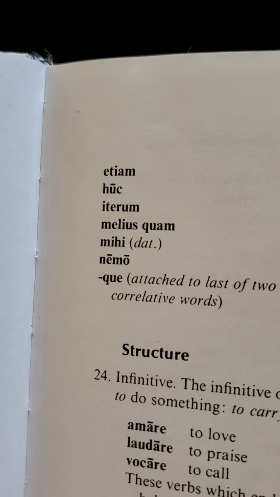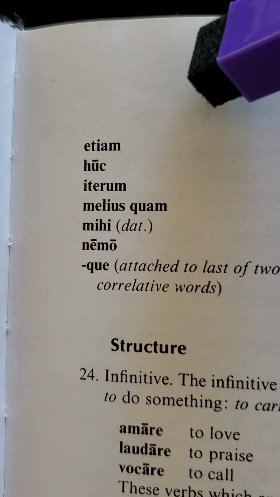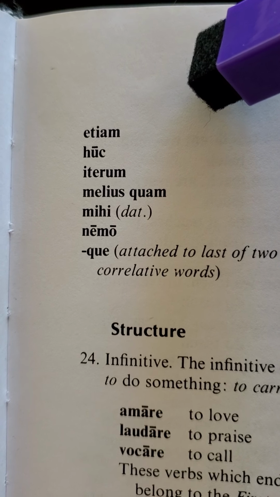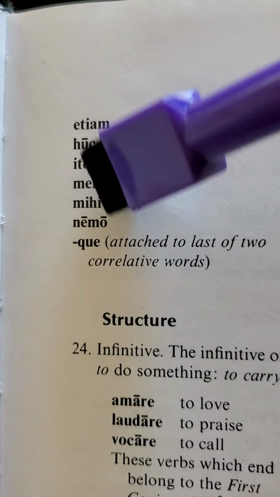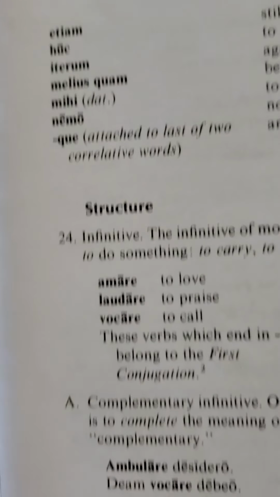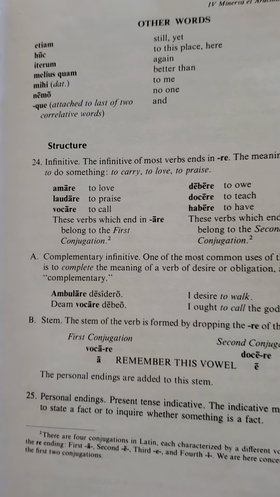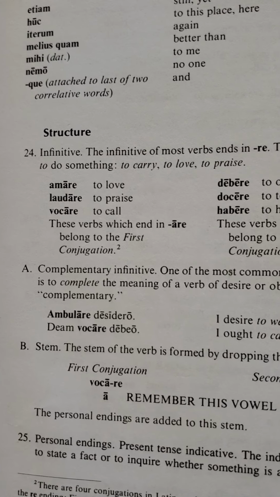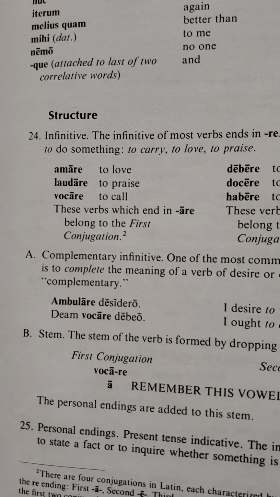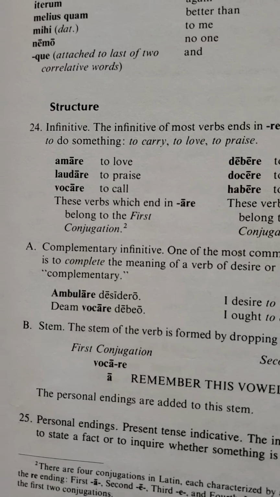And of course the other words, etiam, huc, iterum, melius quam, mihi, nemo, and -que, that enclitic. And so as we go through the chapter vocabulary, y'all can go back and read this. I'm not going to go through every single bit of it, just to point out what they are.